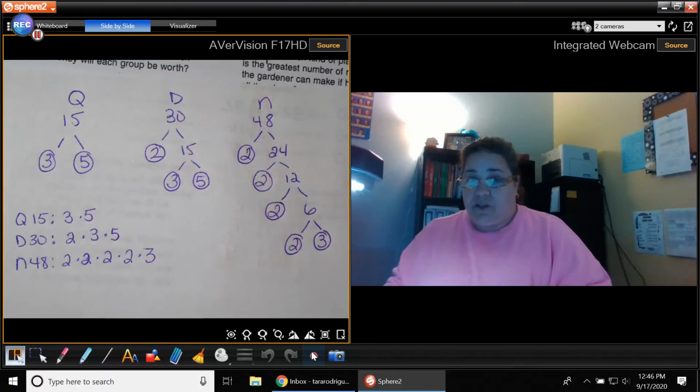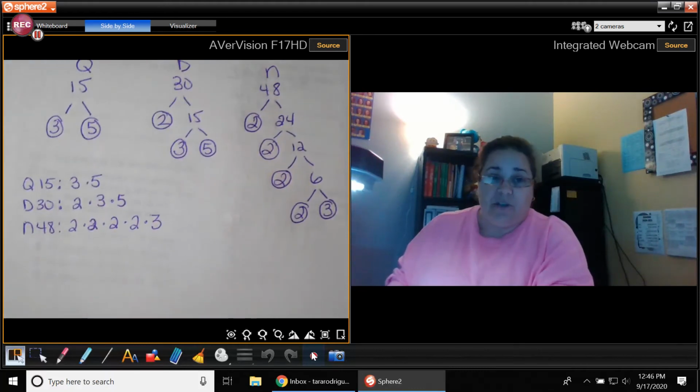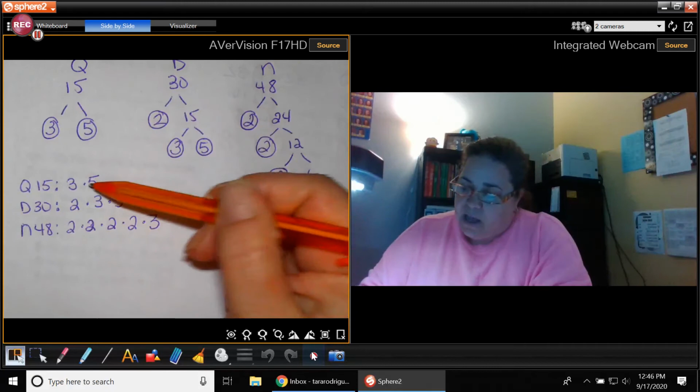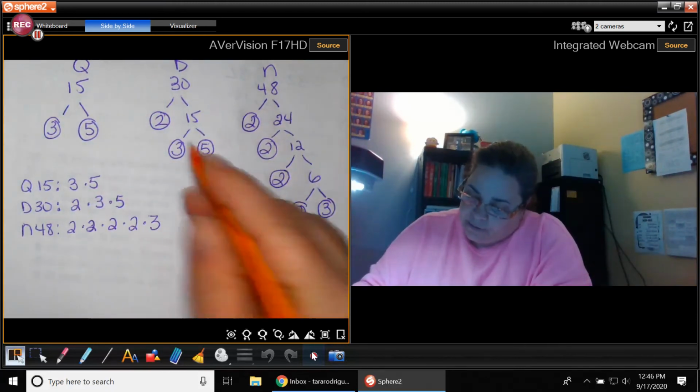Now I am going to look for all of my common prime factors. So common, I have a 3 here, and I have a 3 here, and I have a 3 here.